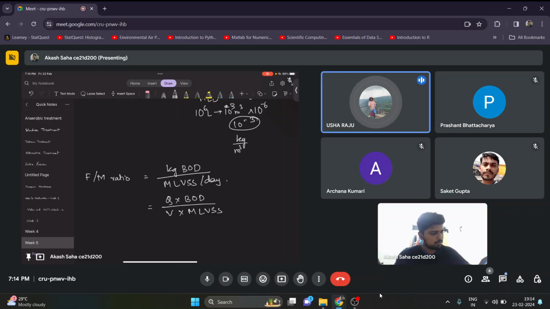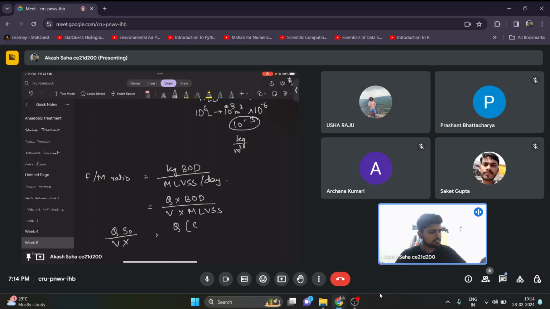Is this only influent BOD, or do we have to take effluent into consideration also? See, BOD is influent mostly, so this can be written as QS naught by VX, or sometimes it is also written as Q(S naught minus S) by VX.